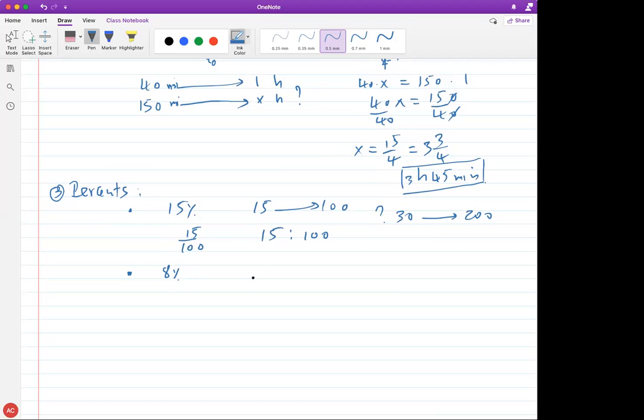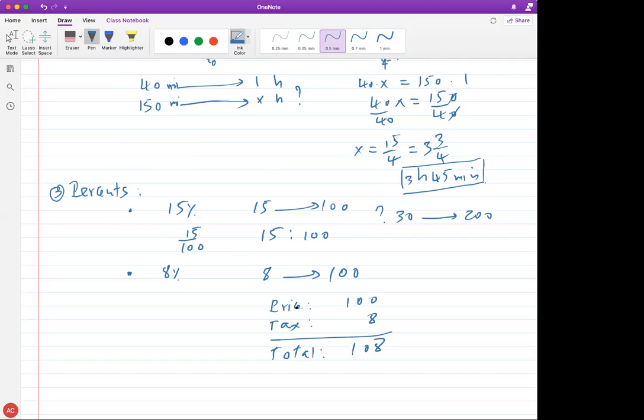So for each $100 you spend, you pay an extra amount of $8 for taxes. So if your item displays this, then you go to the cashier, it says price 100, then sales tax 8%, then you get your total 108.